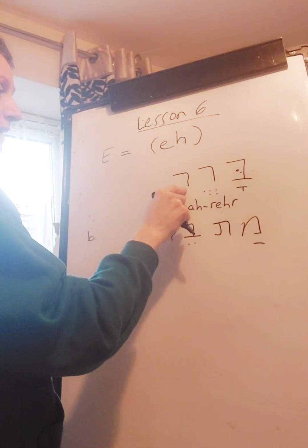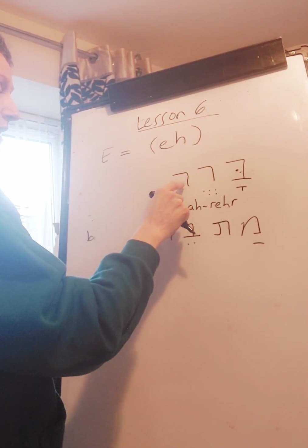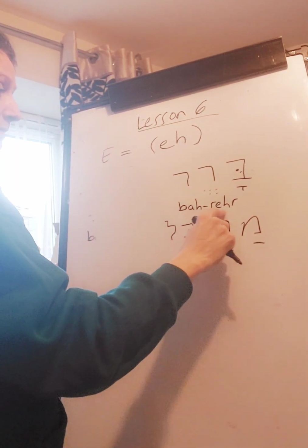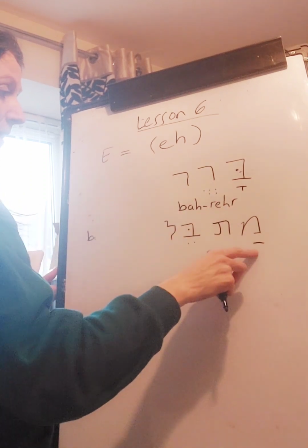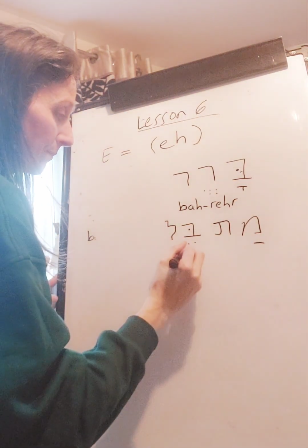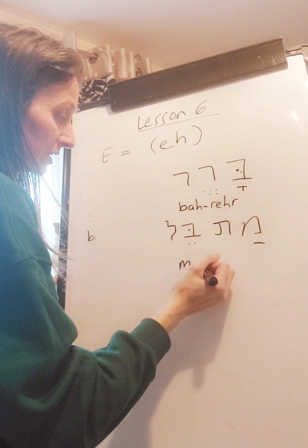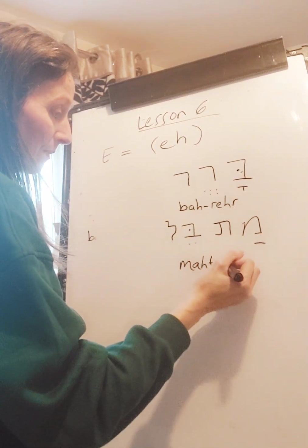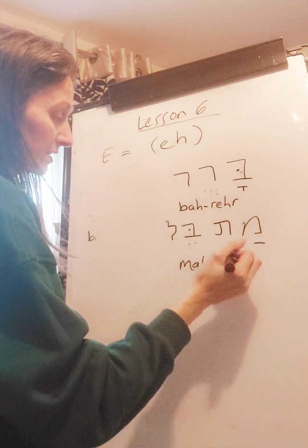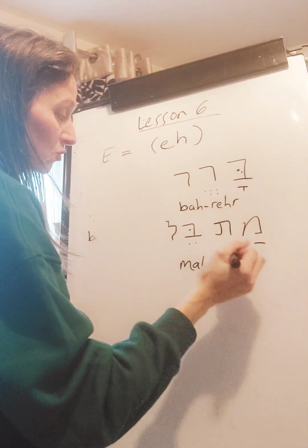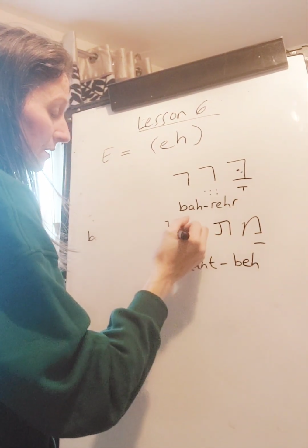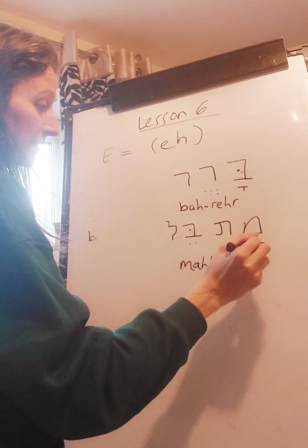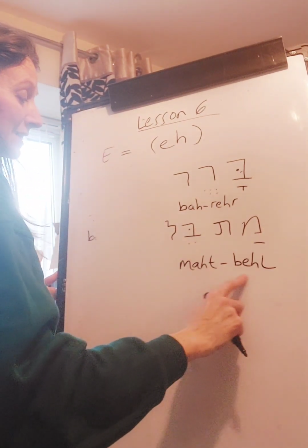Remember, if there's no vowel after the last letter, it'll blend in, so it becomes Ba, Re, two syllables. And then the last one's the Mem, the dash underneath, which is the A vowel, Ma, Mat, straight to the Bet, but the two dots is the E vowel, and again the L at the end, two syllables, Mat Behl.